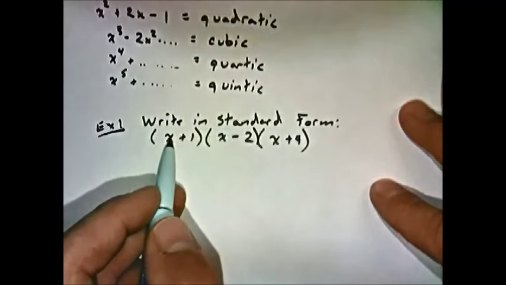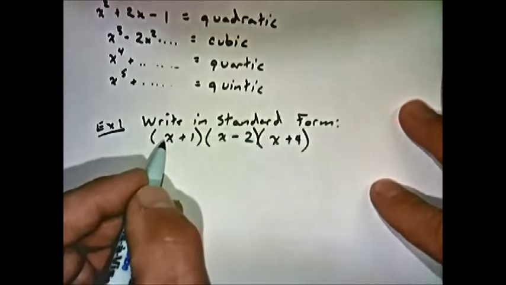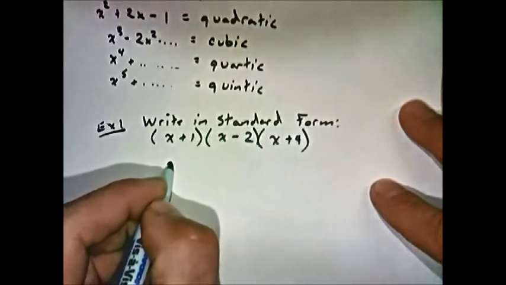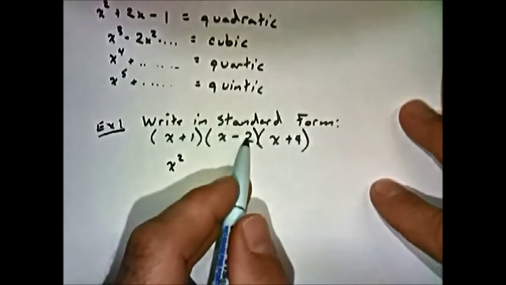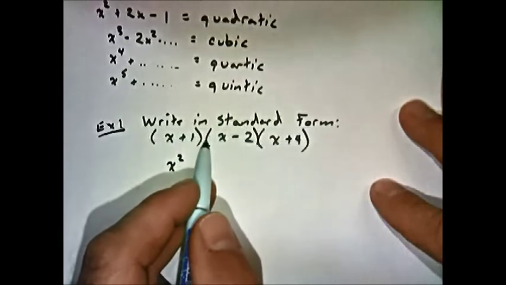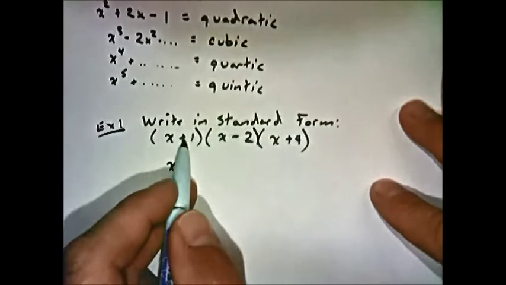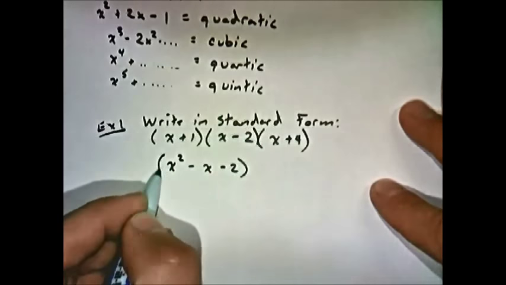So we're going to distribute x plus 1 to the first x minus 2. We multiply x squared. X times -2 is -2x. We also combine that 1x. So -2 and positive 1 gives us -x minus 2.